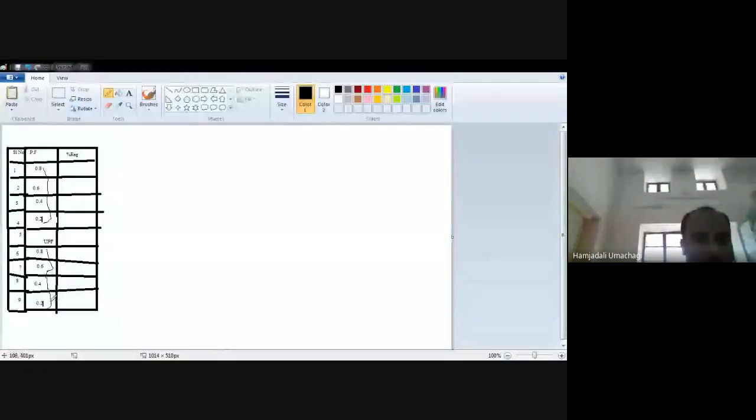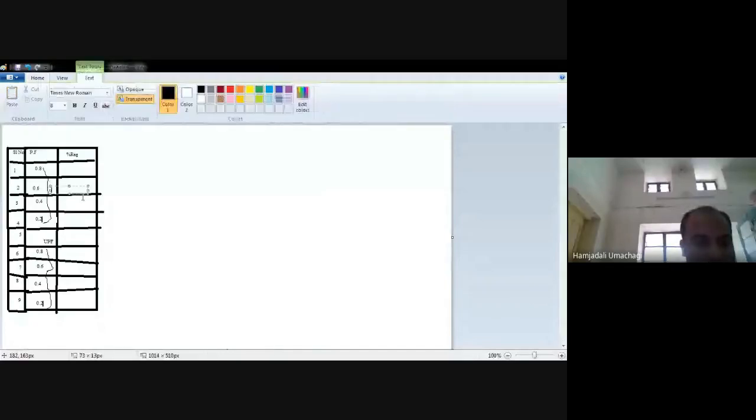So we are showing here, this will be leading, you can take, and the next four will be lag. 0.8 lead, 0.6 lead, 0.4 lead, 0.2 lead. Similarly, 0.8 lag, 0.6 lag, 0.4 lag, 0.2 lag.